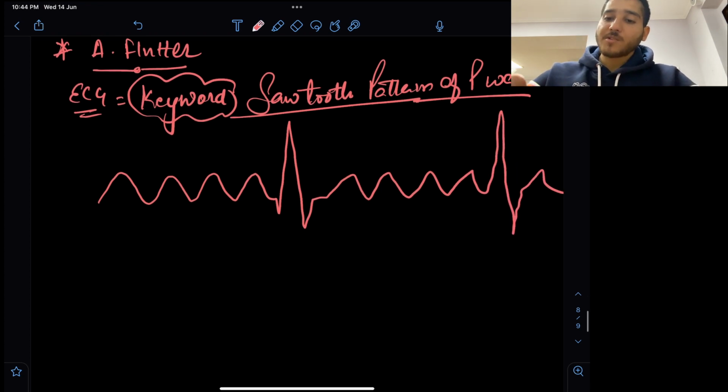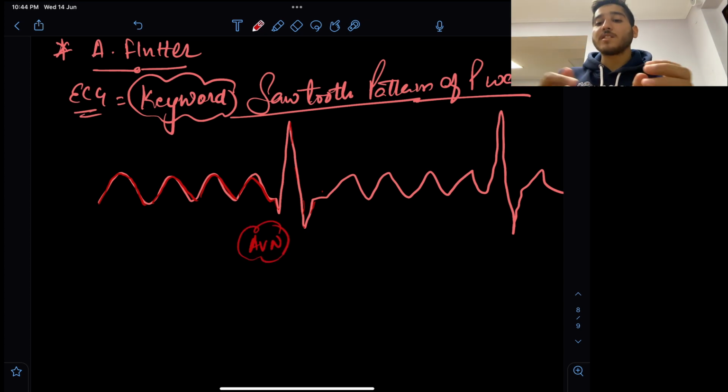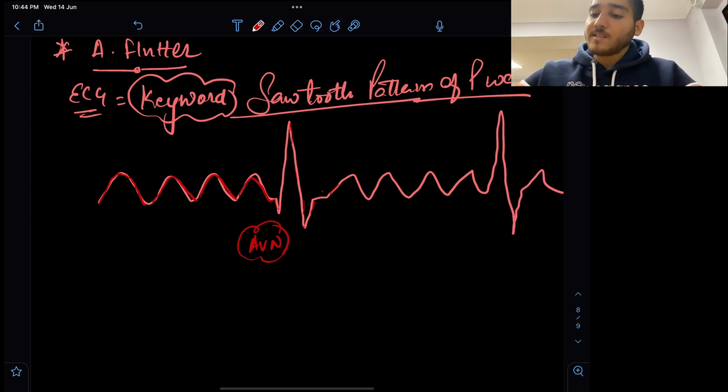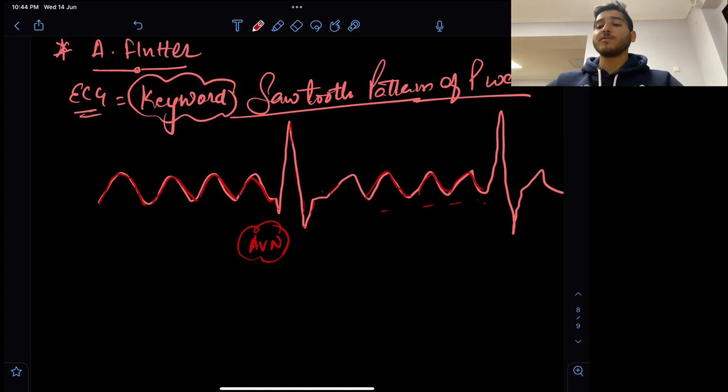Right. So what happens in atrial flutter is there's atrial contraction, and impulses go to the ventricles via the AV node, right? Out of these 3-4 impulses, only one impulse is conducted to the ventricles, right? Then comes another P, and out of these 3 impulses, only one is conducted to the ventricles.